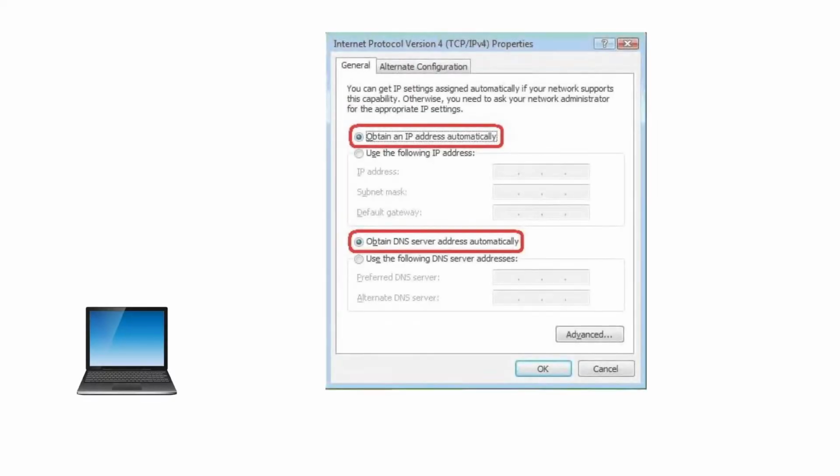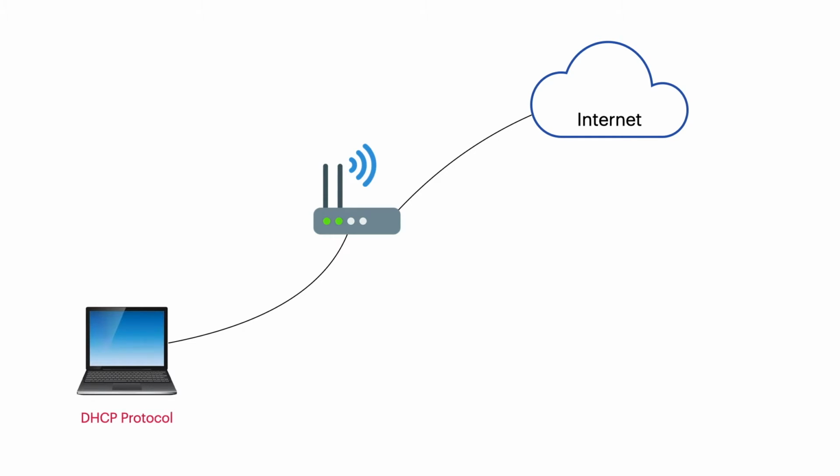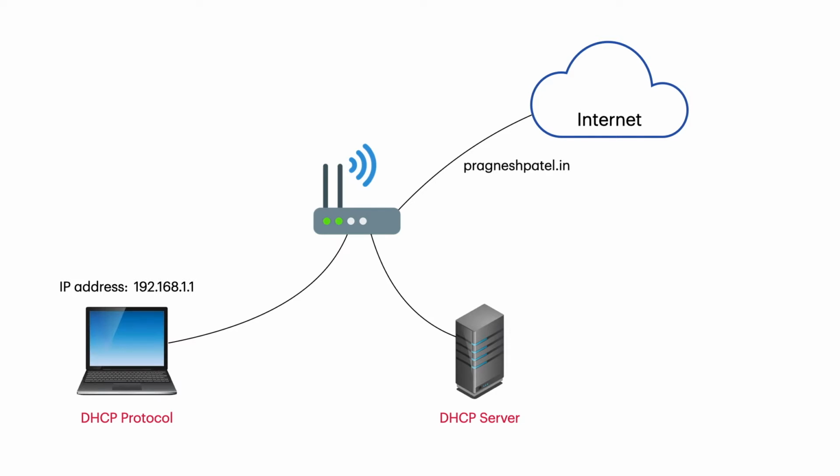So, when a laptop with automatic IP setting enabled is connected to the internet, the laptop runs the DHCP protocol. As a result, the DHCP server assigns an IP address to your laptop so that you can open pragneshpatel.in without an issue.